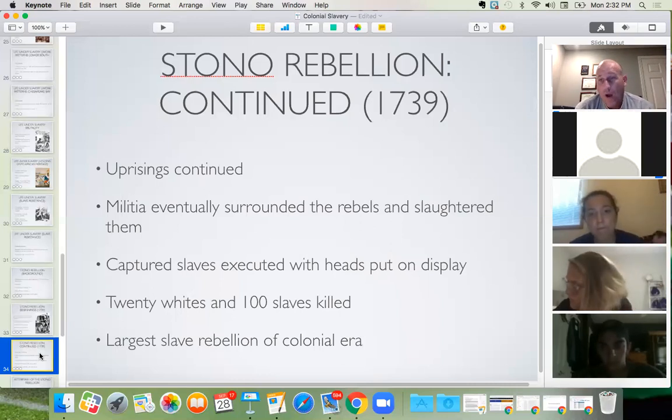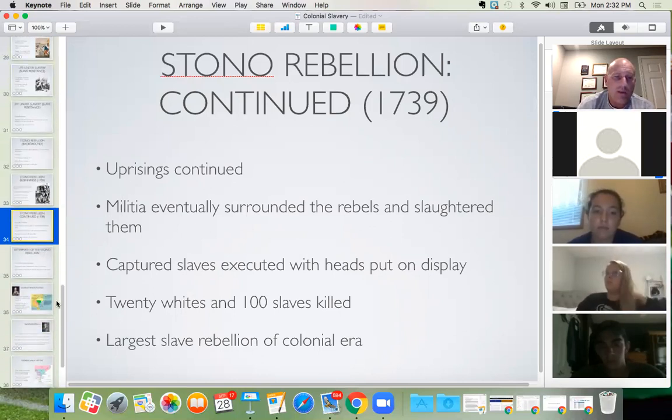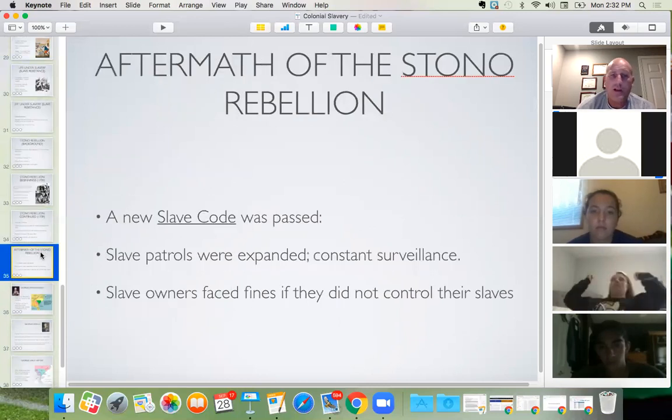But the reason why there weren't more, perhaps, is because they didn't typically result in the way that the slaves had intended. Typically, what resulted from these, one more slide to show you, is reduced freedoms, a stricter slave environment.